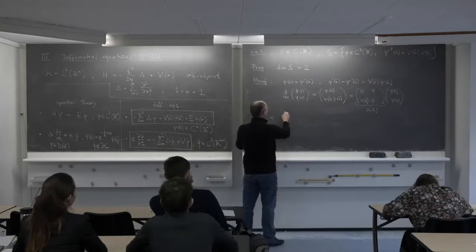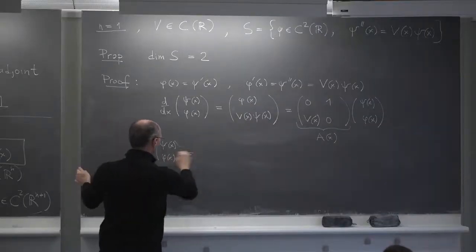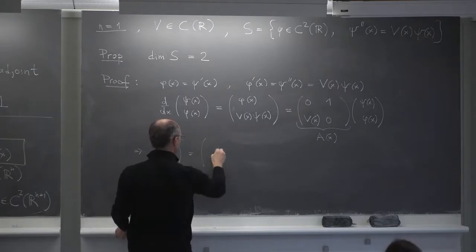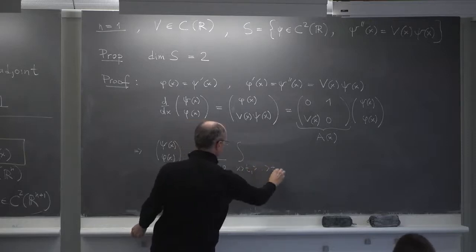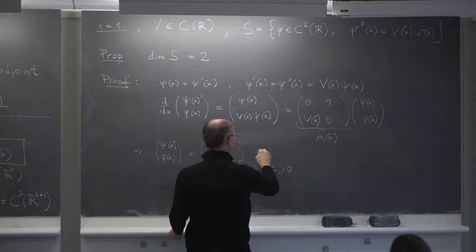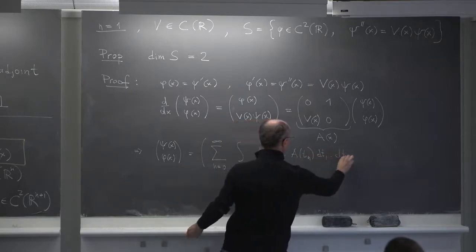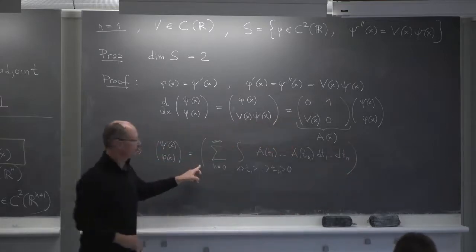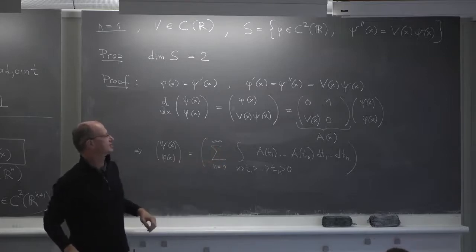So we actually know that then psi of x, phi of x is equal to, so there is this horrible expression with multiple integrals. So here will be matrices A(t1), ..., A(tn), dt1, ..., dtn. So there will be this series constructed from the integrals of A's.